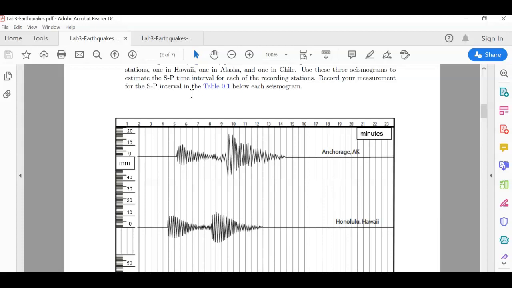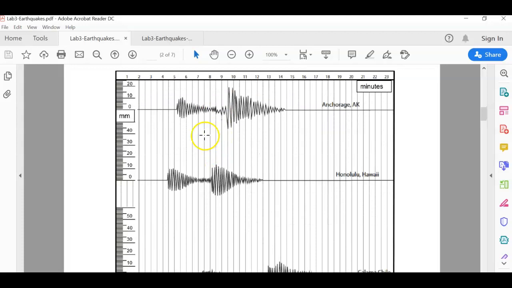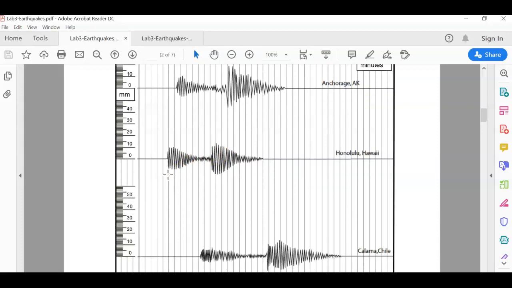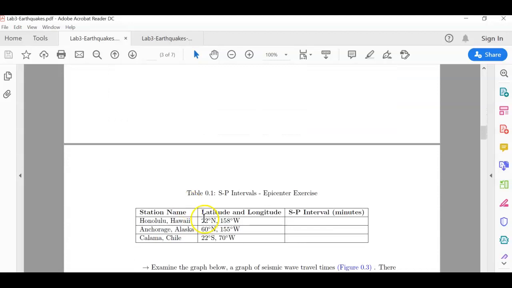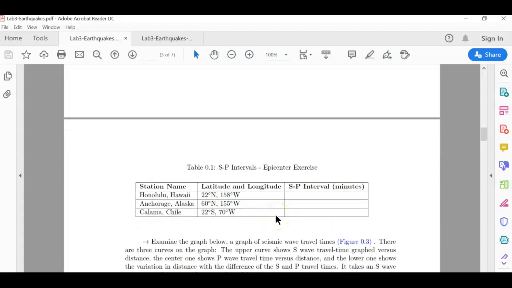As you can see in these seismograms, the first wave arrival is the primary arrival, and then the second big one, which tends to have even larger amplitudes, is the secondary wave arrival. So you have to determine the number of minutes between the secondary and primary wave arrival. From your table, the first location that you should be recording is Hawaii. I'm going to help you throughout the lab with the Hawaii measurements.